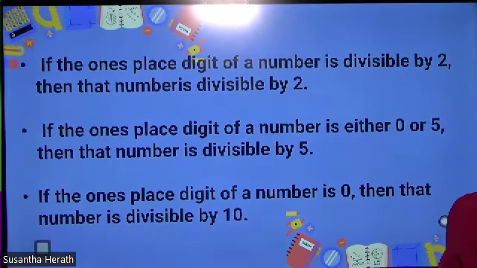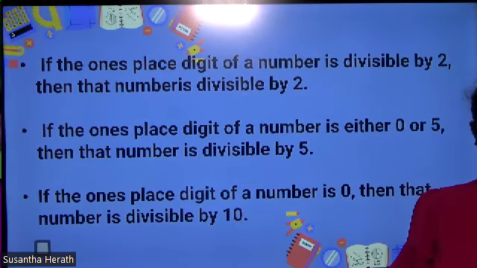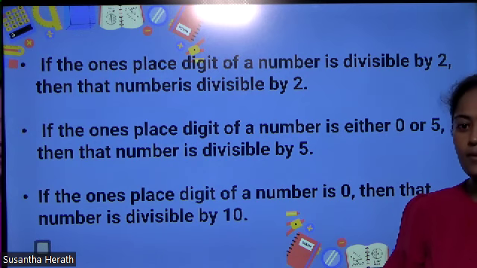If the ones place digit of a number is either 0 or 5, then that number is divisible by 5.